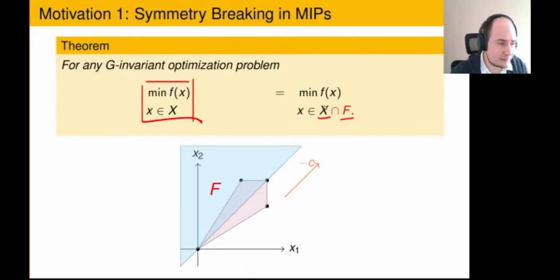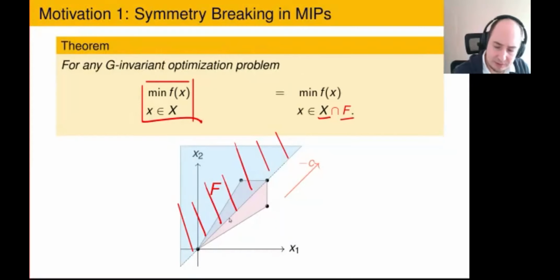This breaks symmetries, but as you maintain one representative per orbit, you don't change your objective function. So in this small example here, F can be this half space up there, and you can intersect with this half space and you don't lose anything.